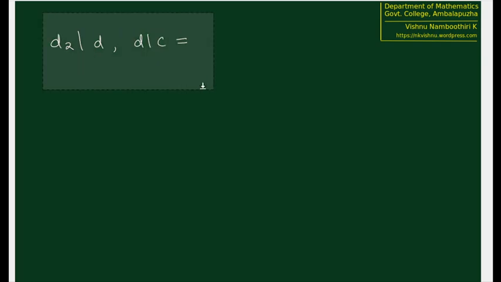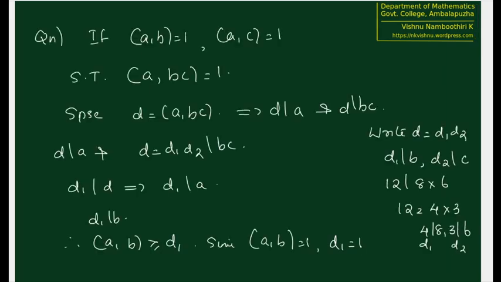Now, the same way, D2 divides D. This is not actually the correct thing to take. So we have previously D2 divides C, that is given.